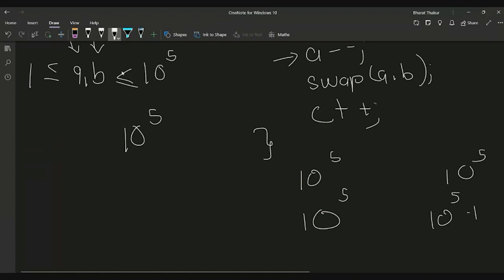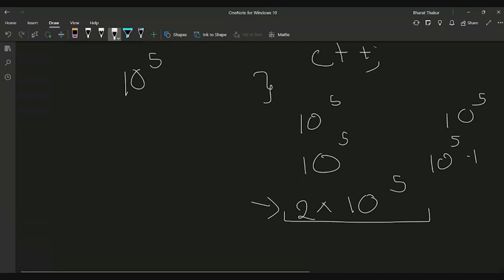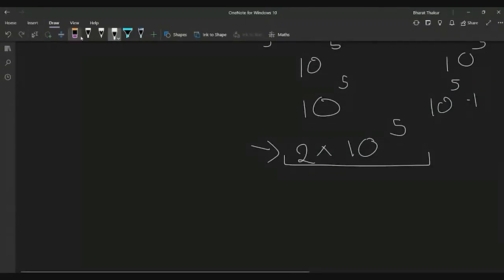It will go on like this and we will perform 2 into 10 power 5 operations, right? Is this clear to everyone? From where are we getting this value, 2 into 10 power 5? If you compare this, it is workable in 1 second.